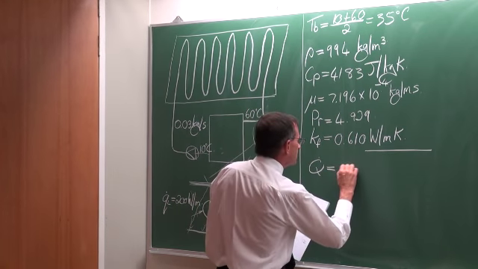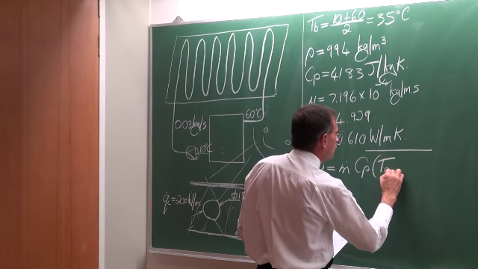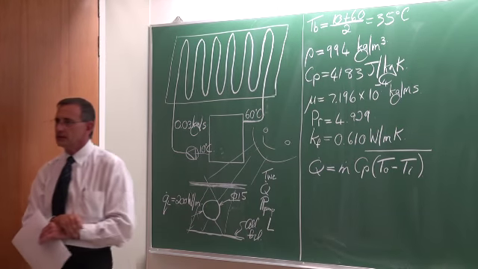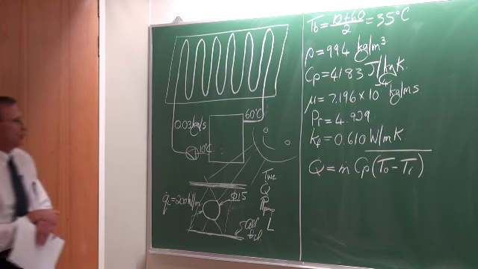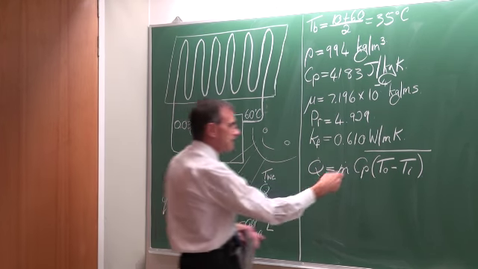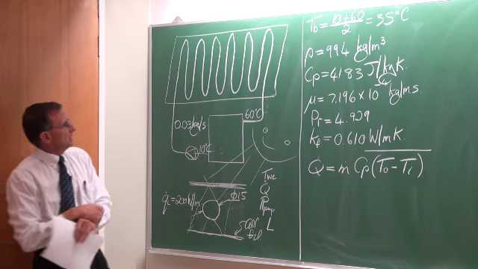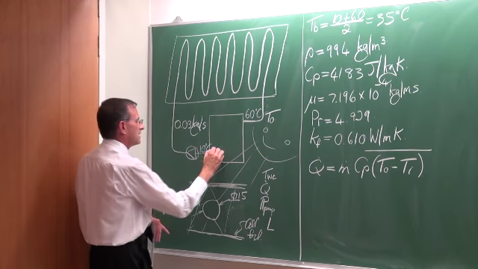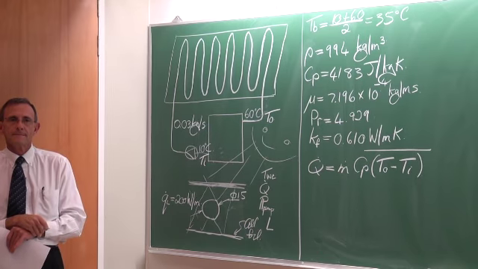So the heat transfer rate to the water is equal to the mass flow rate multiplied by Cp multiplied by the delta T, which is TO, the outlet temperature, minus TI, the inlet temperature.